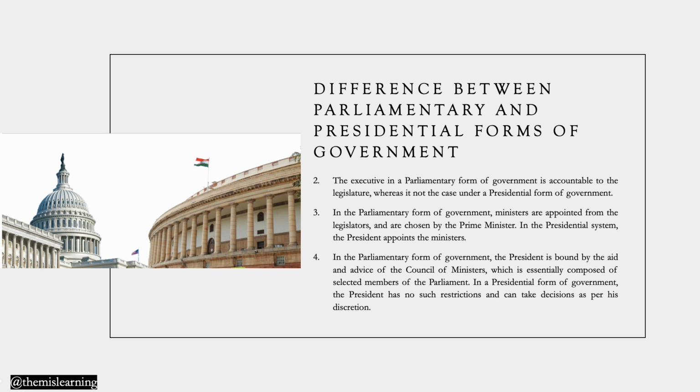In a presidential form of government, the president has no such restrictions and can take decisions as per his discretion. So, in a way, what point number 4 is trying to convey is that the executive, which is the president, has an influence of members of the legislature as well. However, in the presidential form, we see a higher level of differentiation between the legislature and the executive.